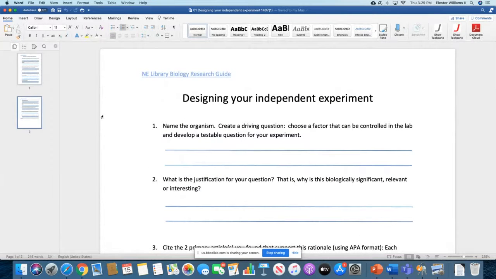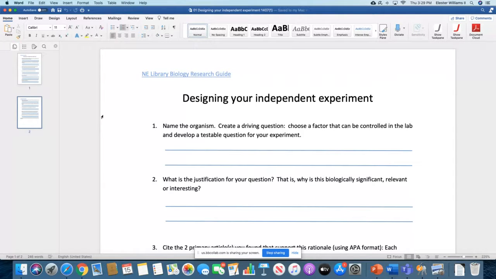First, it wants you to name the organism, and there's the question, and the question results ultimately in why you're doing this experiment, what observations you have seen, what kind of problem you are trying to solve, and what makes this experiment something worth diving into.